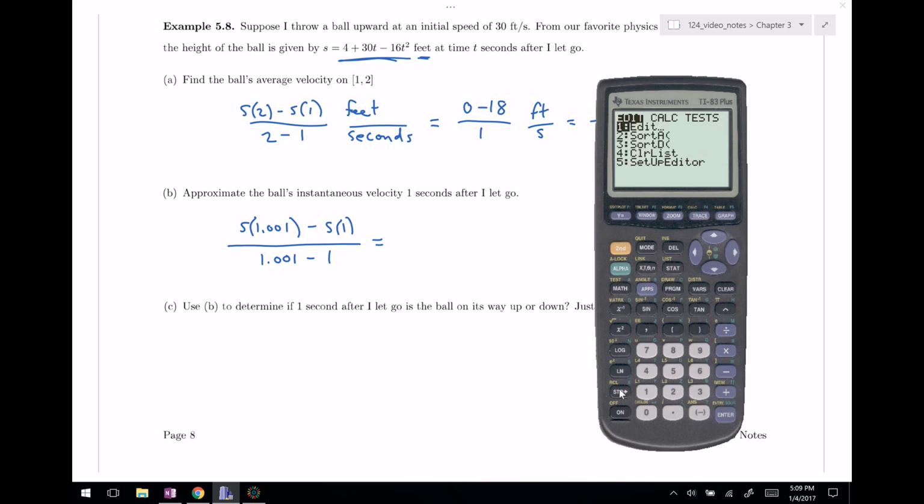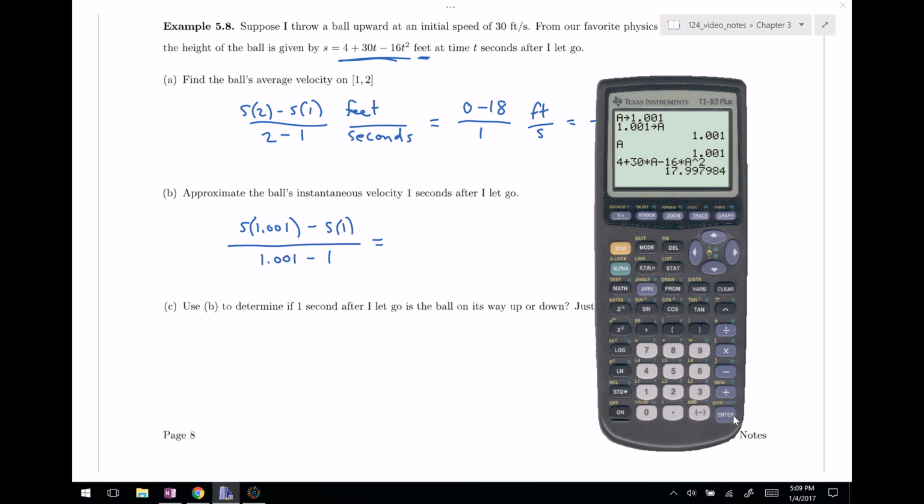4 plus 30a minus 16 times a squared. You know what? I forgot the times right here. Insert a time symbol.